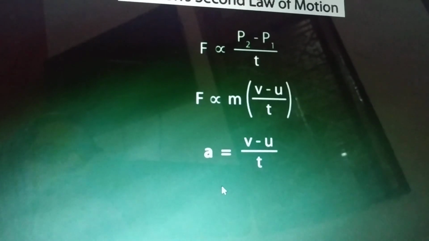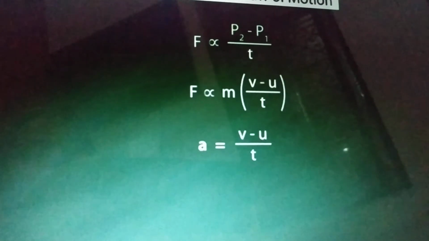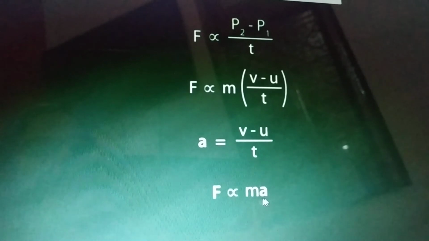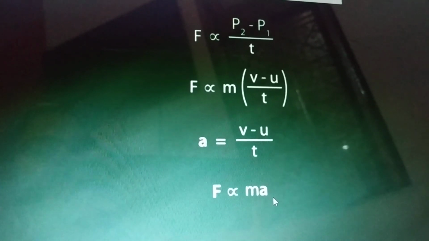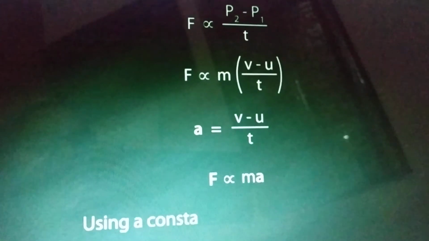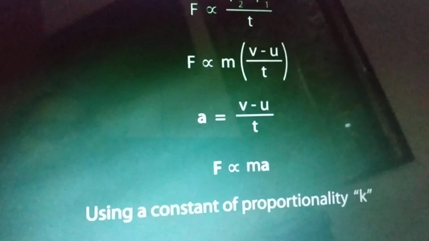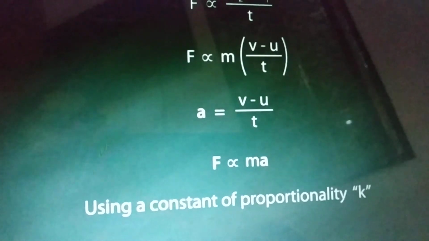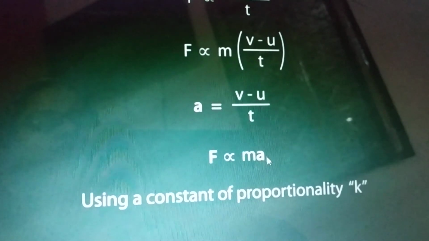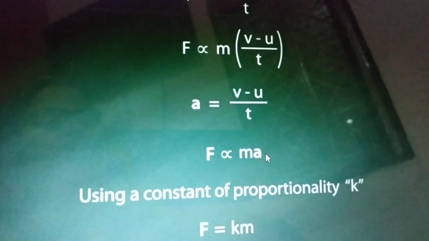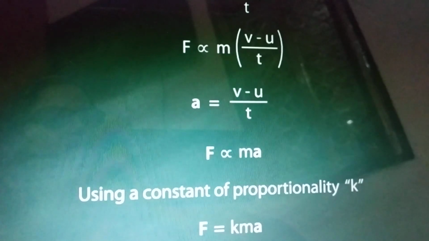So this is proved, or we can write F is directly proportional to ma, mass into acceleration. I hope this is clear to you. So we use a constant of proportionality K to equate this relation. So we can write F is equal to K m a.